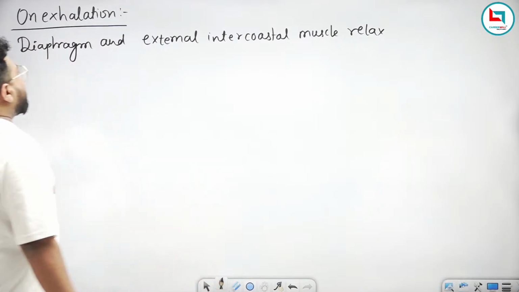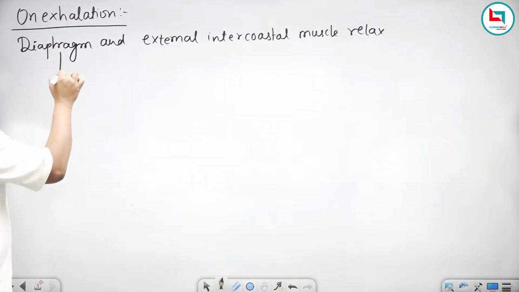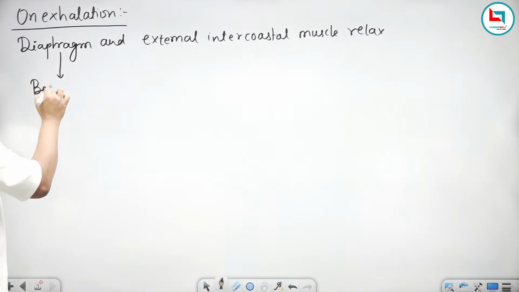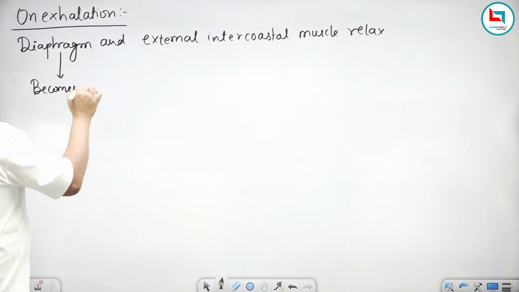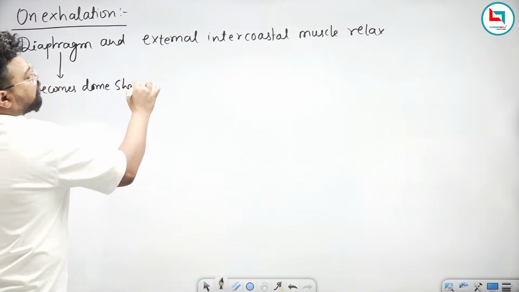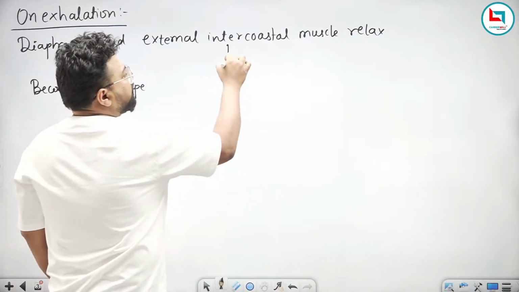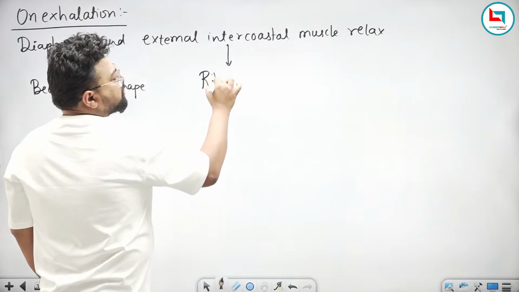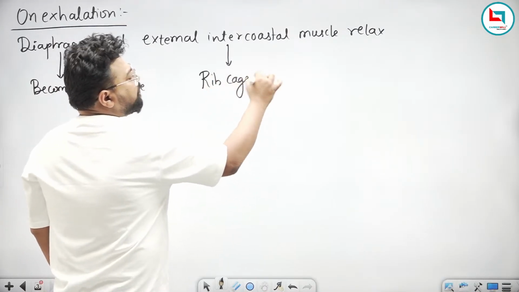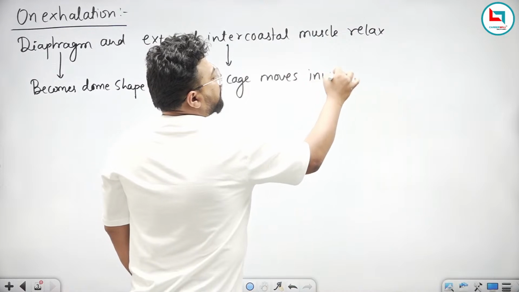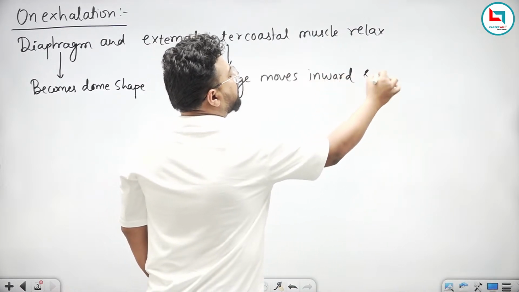Now, due to the relaxation of the diaphragm, the diaphragm regains its original shape, then it becomes dome shaped, and due to the relaxation of the external intercostal muscle, the rib cage moves inward and downward.